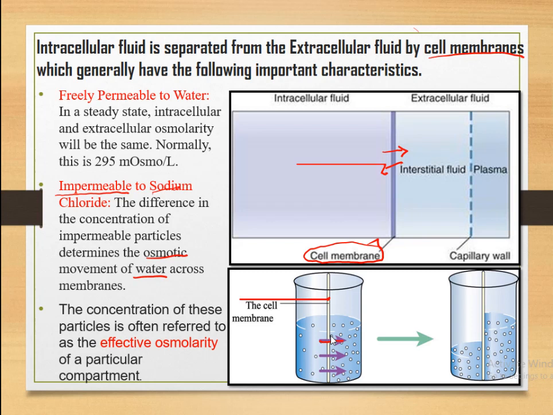With that said, let's look at the constituents of extracellular and intracellular fluid. Of course, we have said sodium chloride is impermeable. It doesn't pass through the cell membrane, and this determines the osmotic movement of water, and the concentration of such substances is normally known as the effective osmolarity.